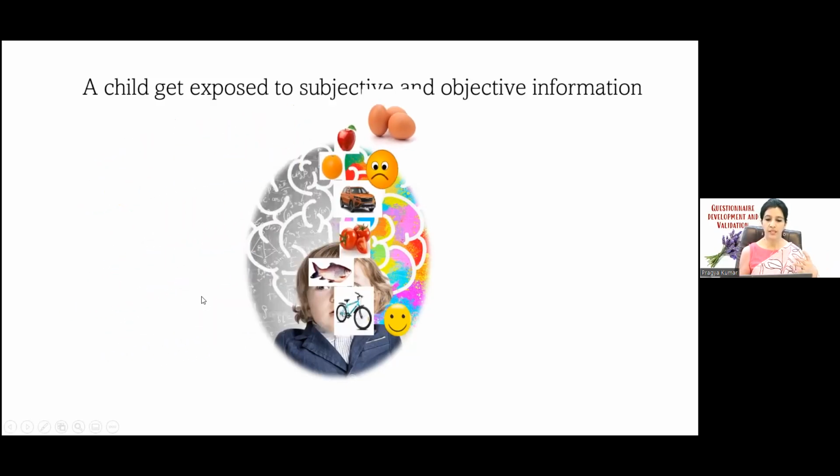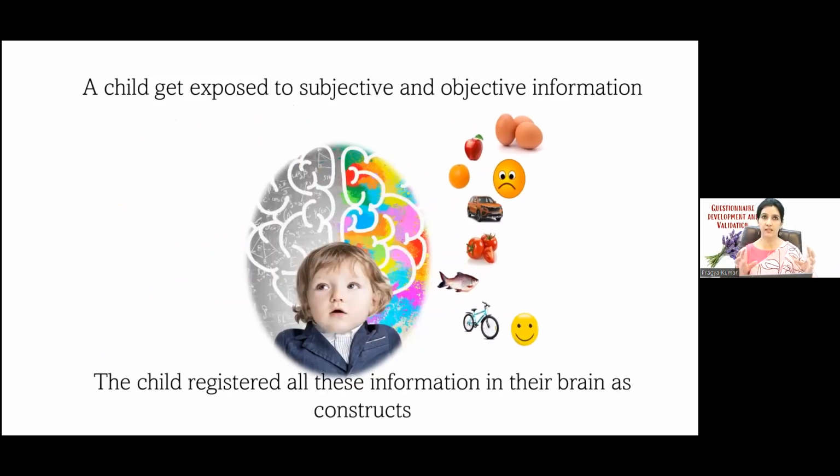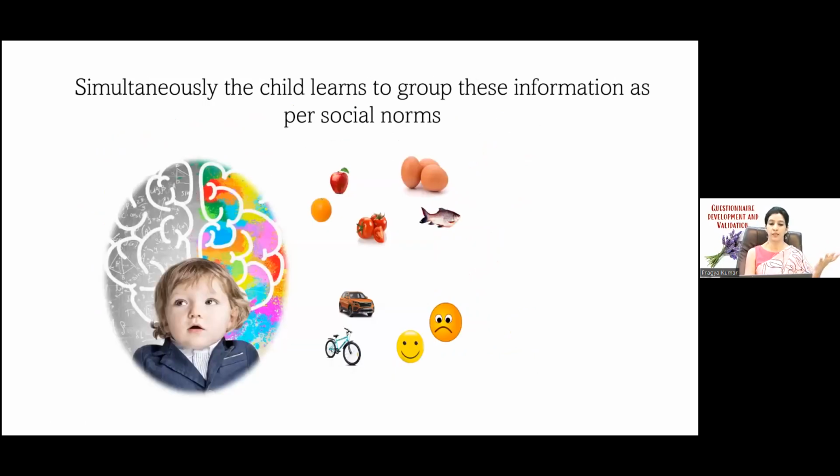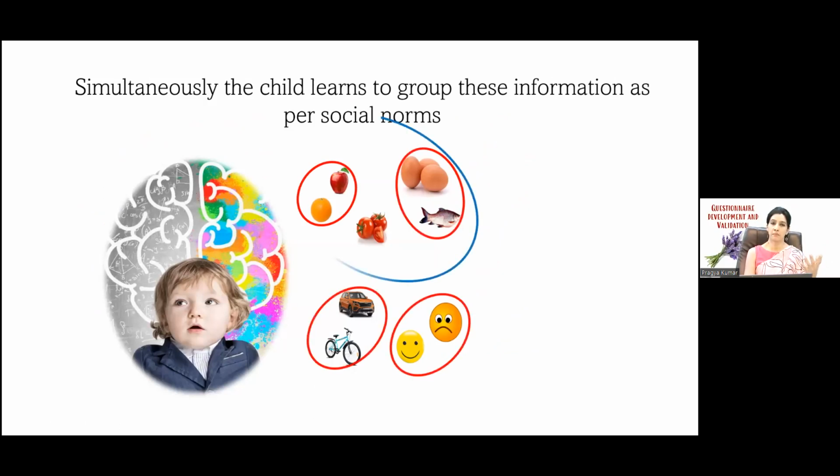So he registers these things and now he wants to make them a little more objective. The child registered all this information in the brain. Initially, he is not aware of how to club it, but simultaneously the child learns how to group this information as per social norms. If you ask a child, he will group the egg and fish together. Maybe then he may group the orange and apple together.